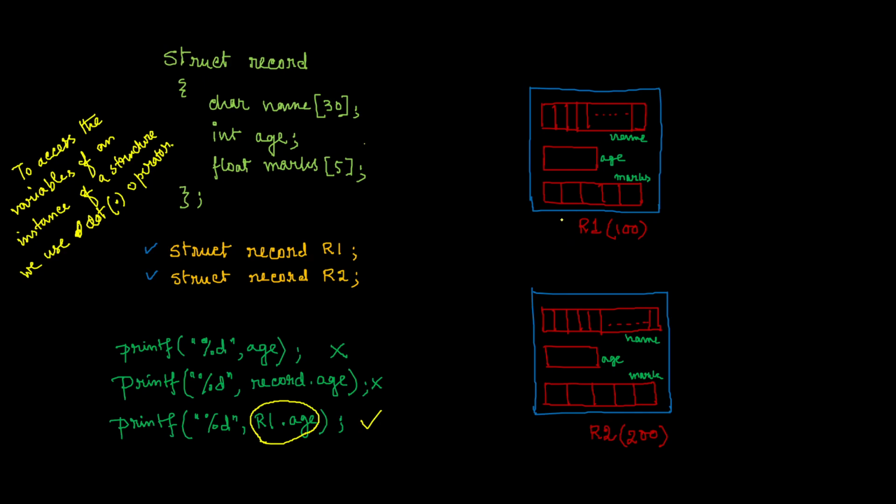For example, if I want to print the marks of this student R1. This student R1 is a student, R2 is another student, R3 will be another student, something like this. If I want to print the marks of student R1, how can I write it?